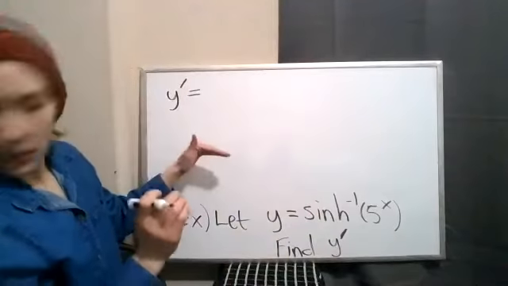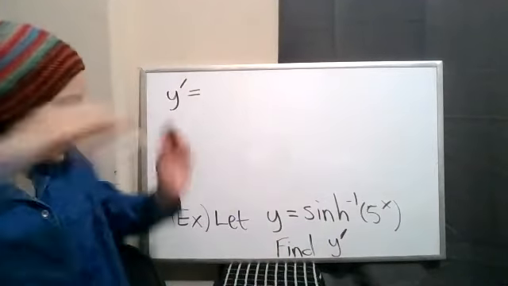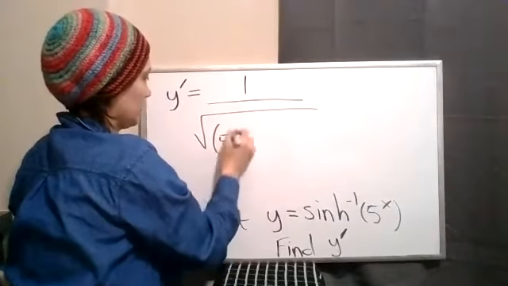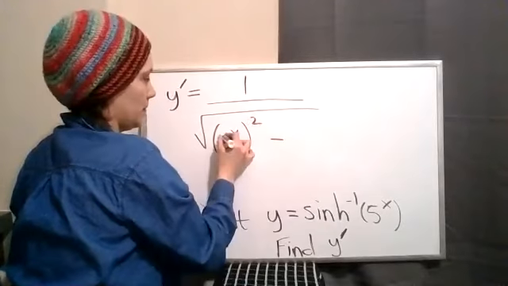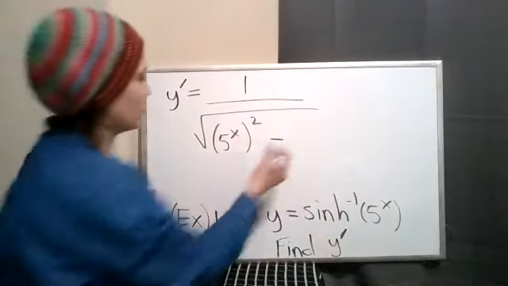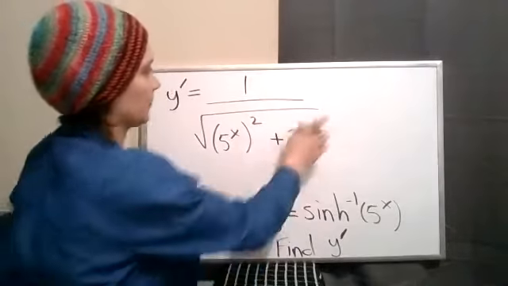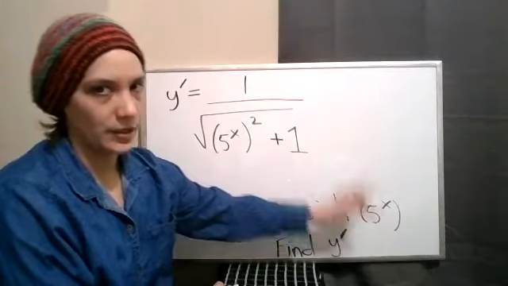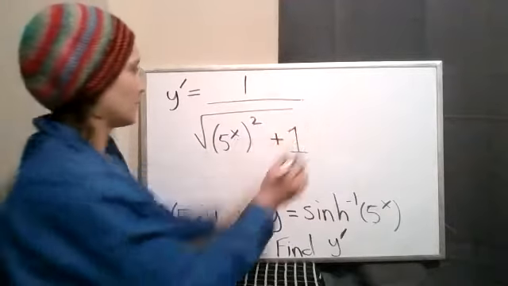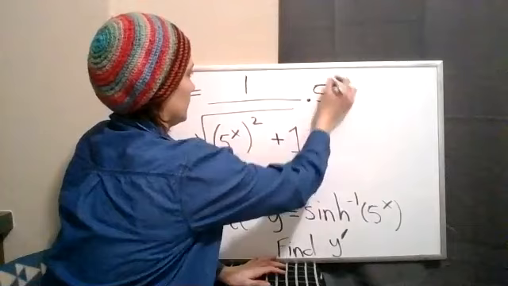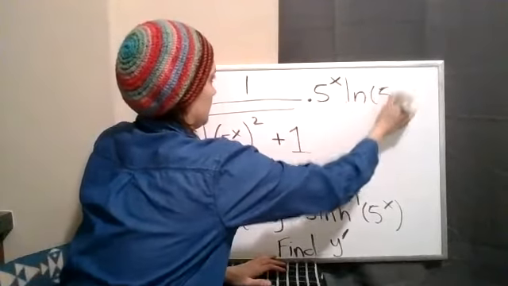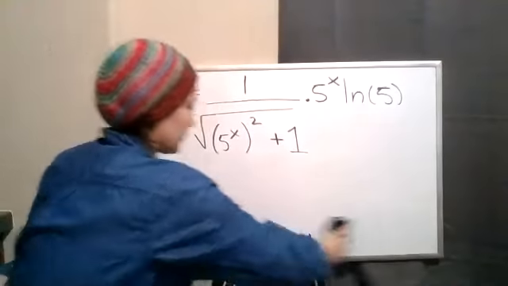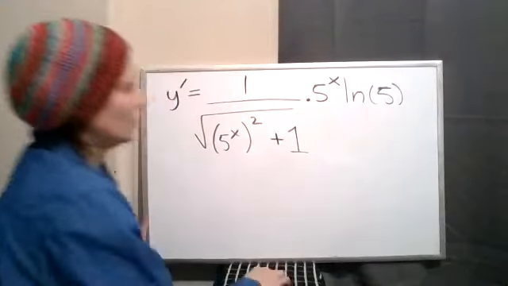Okay, 1 over the root of 5 to the x squared, plus 1. That's taken care of. Multiply by the derivative of 5 to the x, which is 5 to the x times ln of 5. Cool.